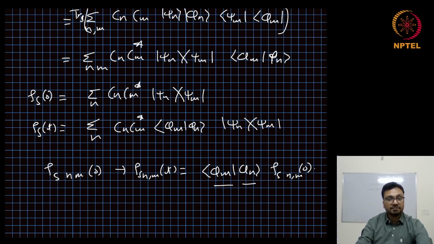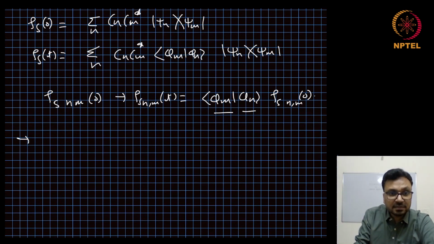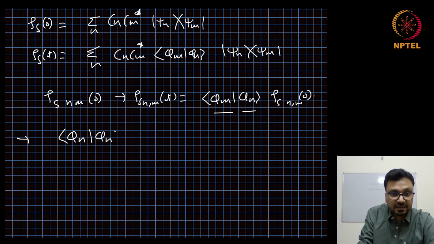And the inner product ⟨φ_m|φ_n⟩ depends on time. This is the time dependent factor. One thing to notice here is that φ_n and φ_m are normalized vectors, so ⟨φ_n|φ_n⟩ is 1.